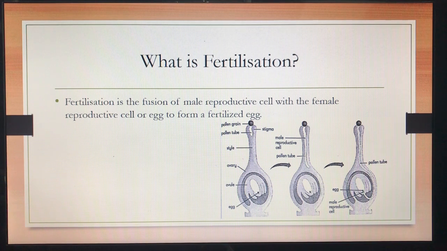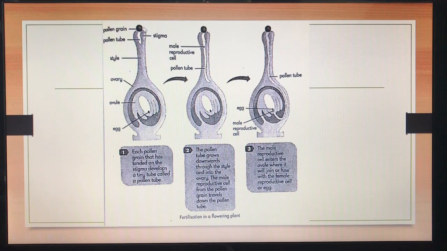Once they pollinate the flowers, the process that happens next we call fertilization. Fertilization is the fusion of the male reproductive cell with the female reproductive cell. So what is the male reproductive cell? The male reproductive cell is the pollen grain, you can see in this diagram here. The pollen grain will land on the stigma, and then the male reproductive cell will follow the pollen tube in order to reach the egg.